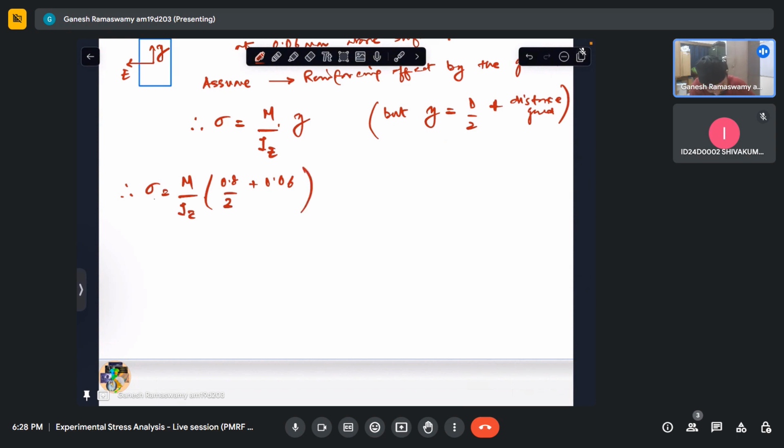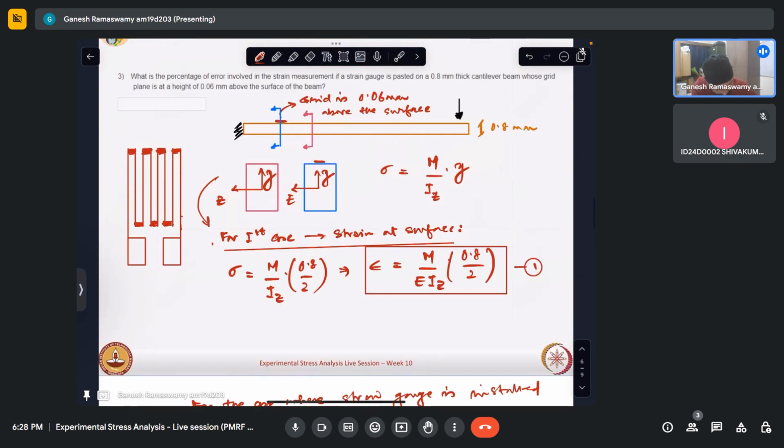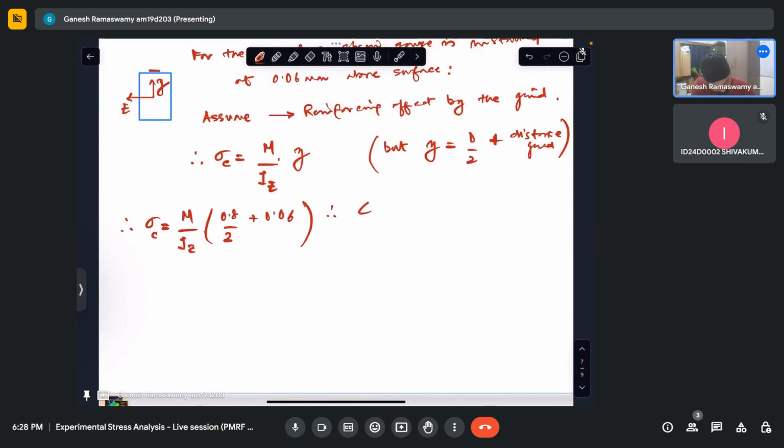So this will be sigma in the second case. Let me call this sigma combined, and this is just sigma axial. This will be E A. So therefore, the strain in the case where this combined setup is taken will be M by Iz into 0.8 by 2 plus 0.06.